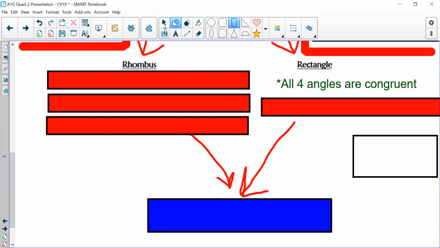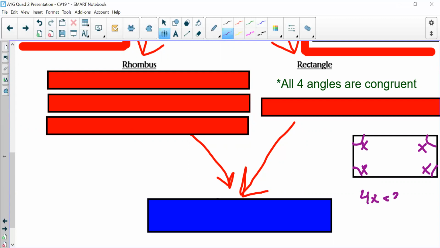If all 4 angles are congruent, so if we give them all the same marking, and they all add up to be 360, if we call each angle measure x, then we'd say x plus x plus x plus x, or 4x equals 360 degrees.